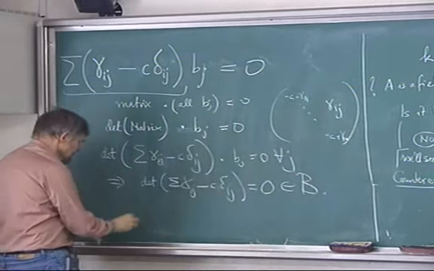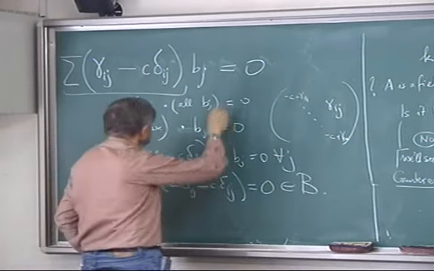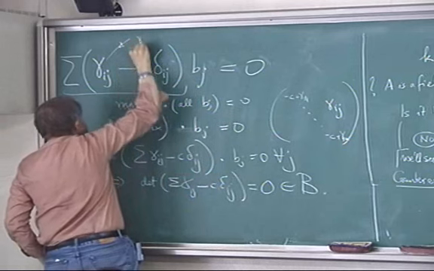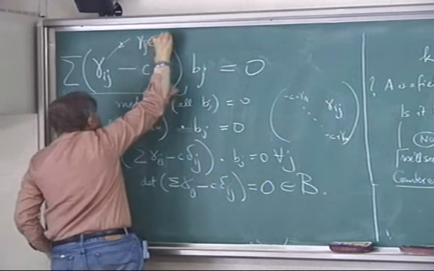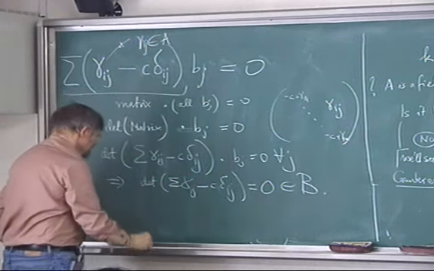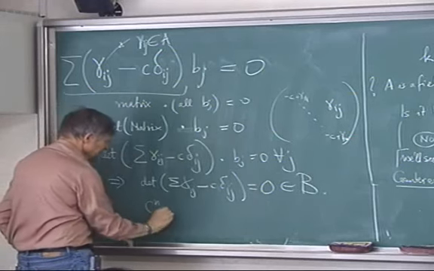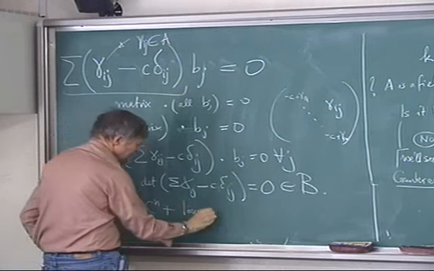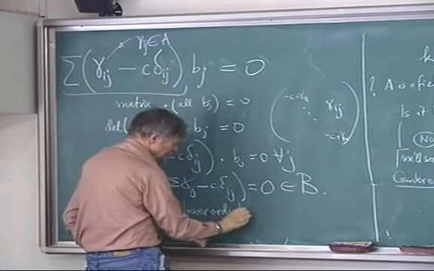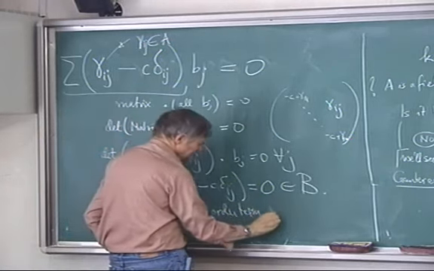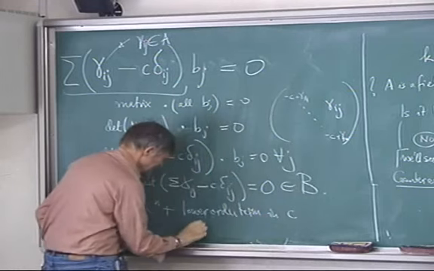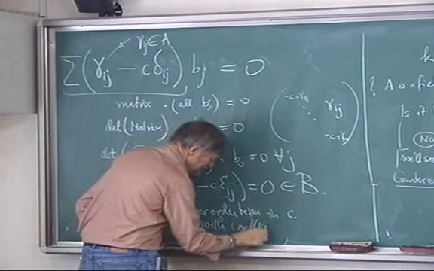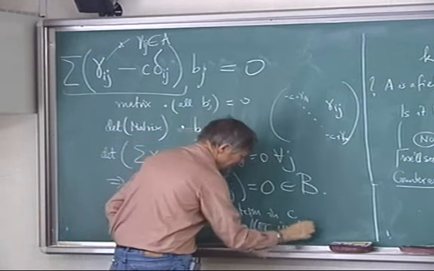When I take the determinant, all these gamma ij's are in A. Right, so this says c to the n plus lower order terms in C with coefficients in A is 0.